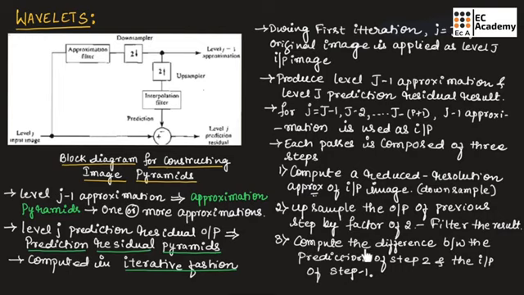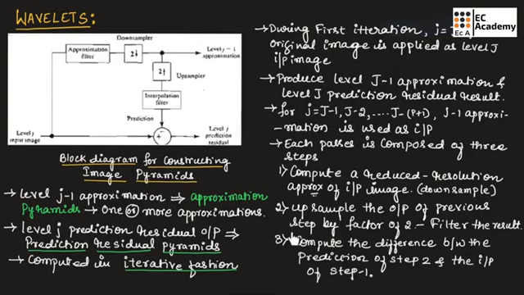The third step is to compute the difference between the prediction of step 2 and the input of step 1. This difference will produce the level j prediction residual output that can later be used to reconstruct the original image. A prediction residual pyramid can be used to generate the corresponding approximation pyramid, including the original image, without any error.